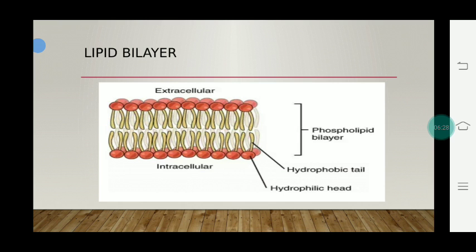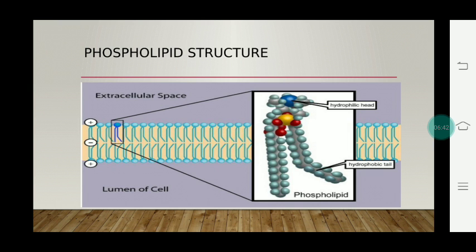Now, let's move towards the structures which are embedded in the lipid bilayer. The lipid bilayer is made up of phospholipids, glycolipids and sterols.